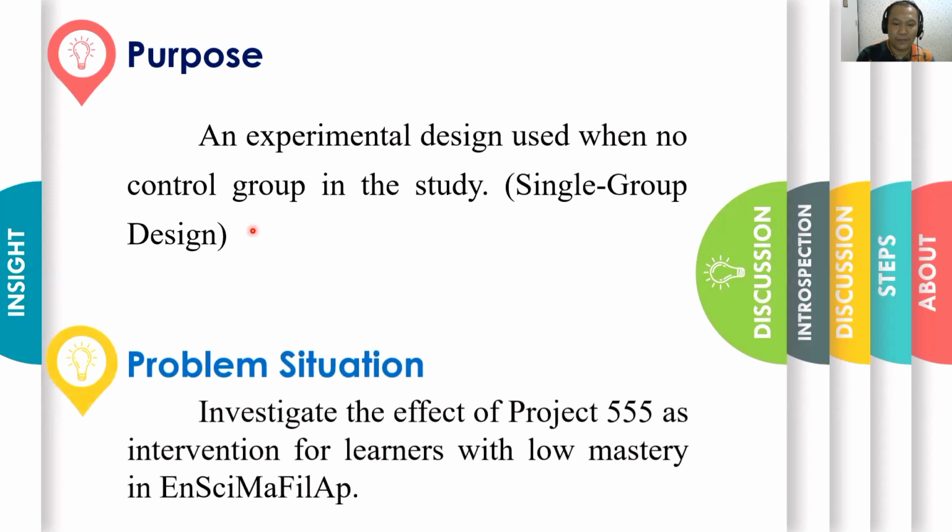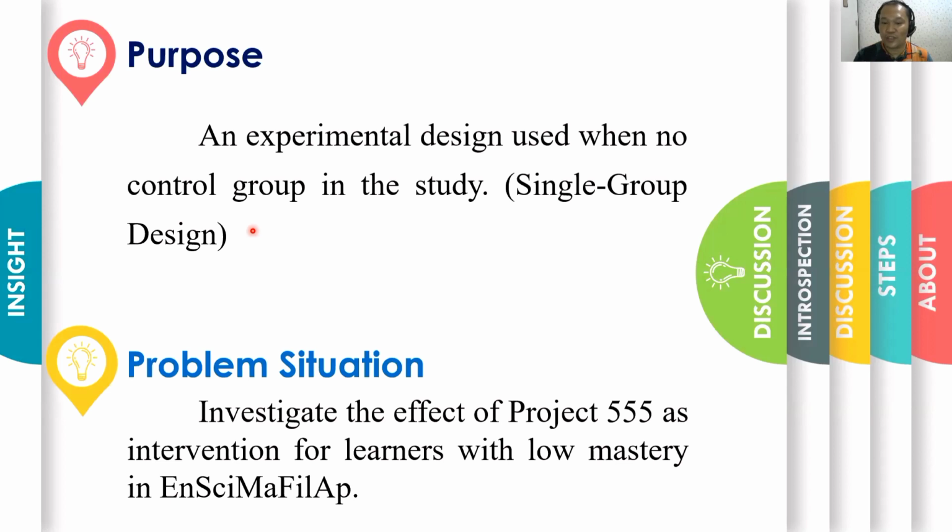An example, investigate the effect of Project 555 as intervention for learners with low mastery in English, Science, Math rather, Filipino, and Araling Panlipunan. Meaning to say, we only have one group, and this group is the learners with low mastery. And then our intervention is the use of Project 555. Okay, we don't have a control group.